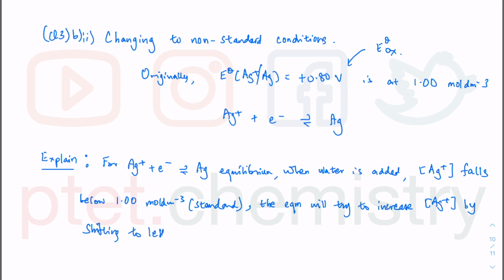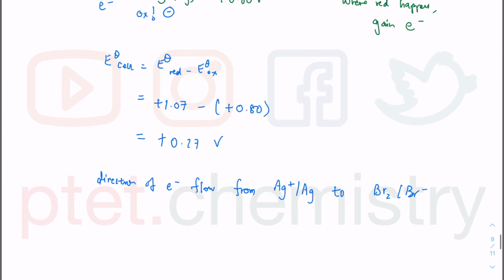When you shift more to the left, this E0 will become less positive. Therefore, it's no longer E0 because it's no longer under standard condition, so I don't write the E0 anymore. I just write E, Ag plus, Ag, less positive than plus 0.80 volt, and this is your E0x. So if this becomes less positive, then 1.07 minus something less positive will become more positive.